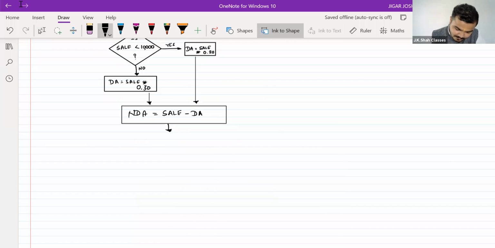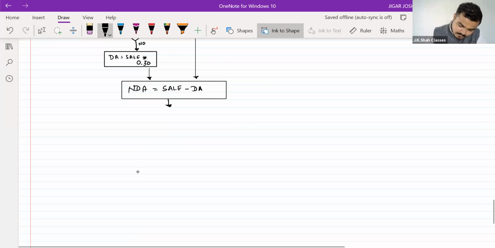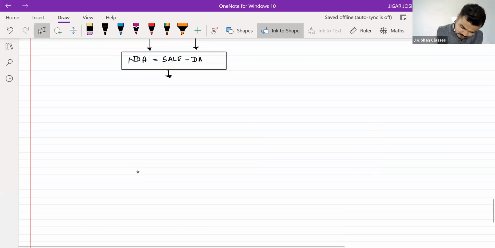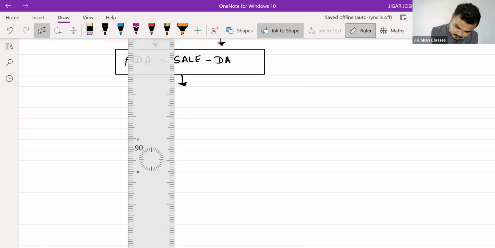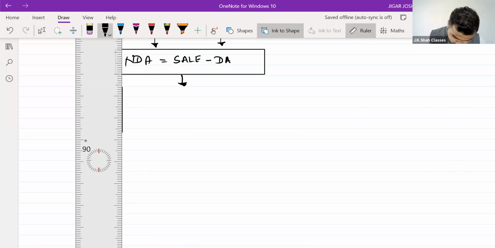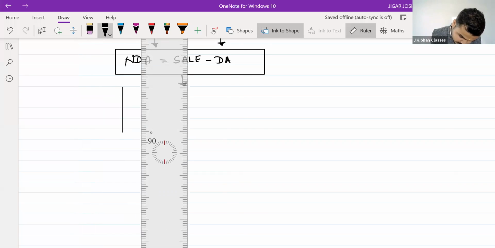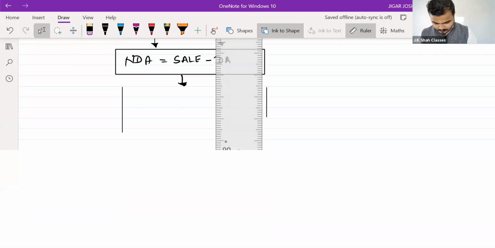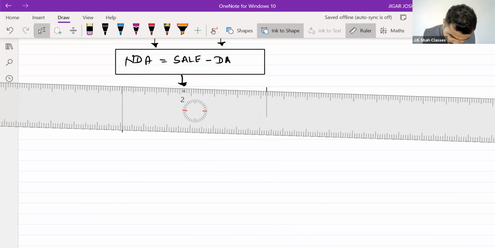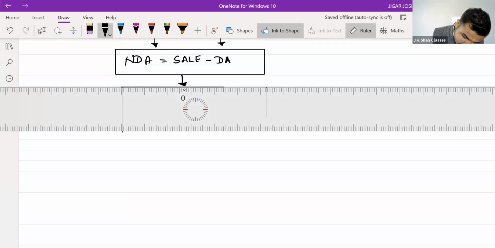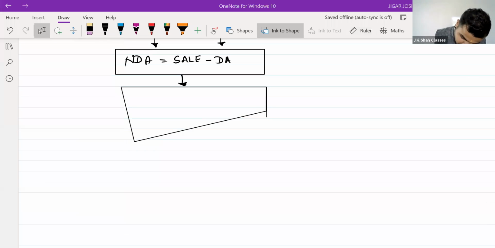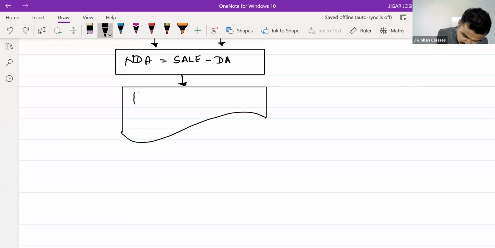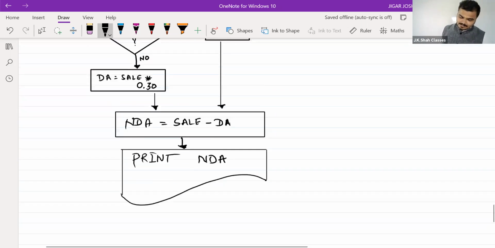A print symbol, a design, is required to be made. Print net discount amount. Understood?